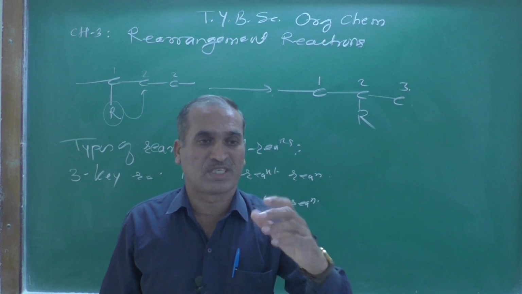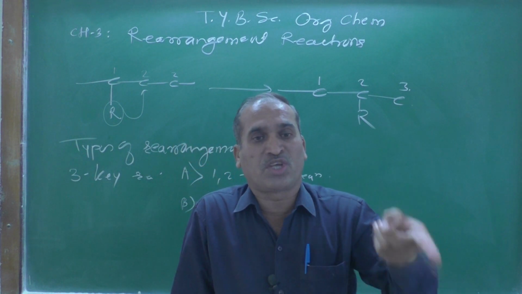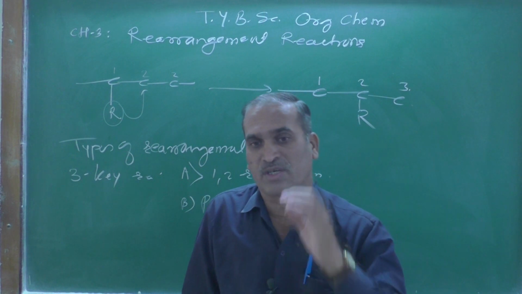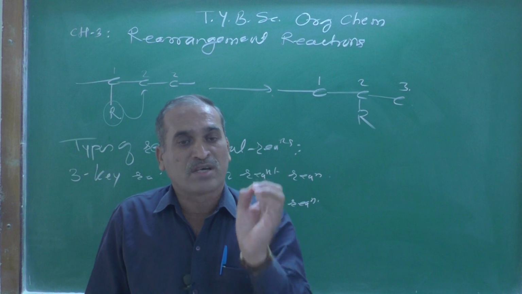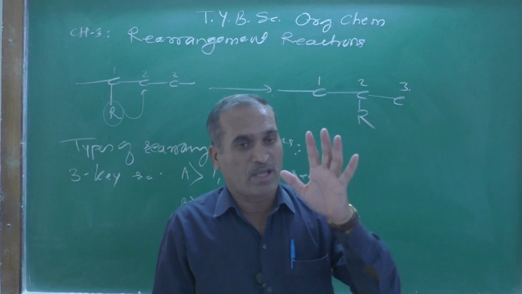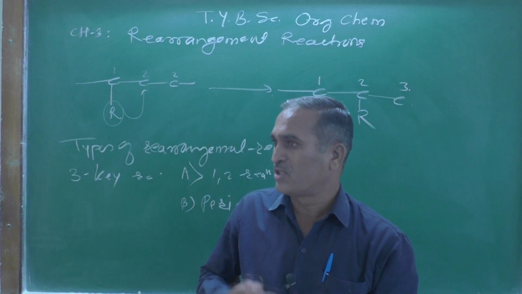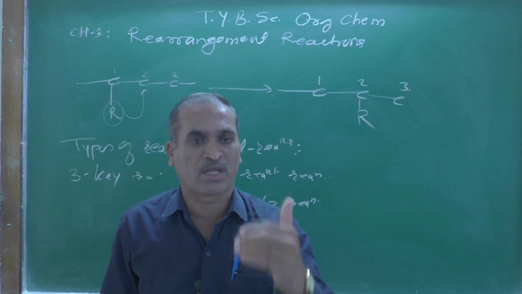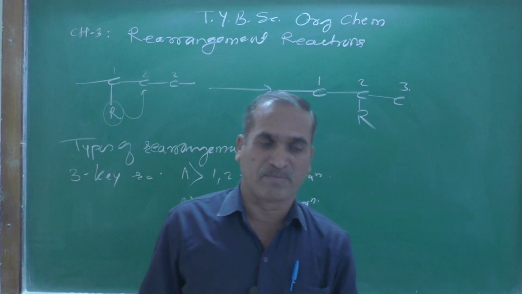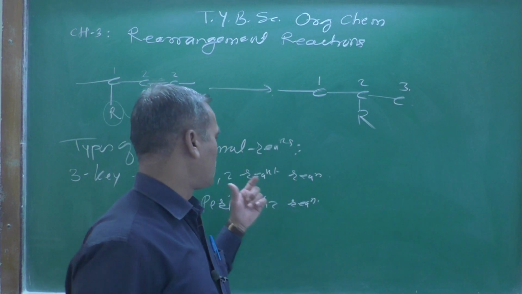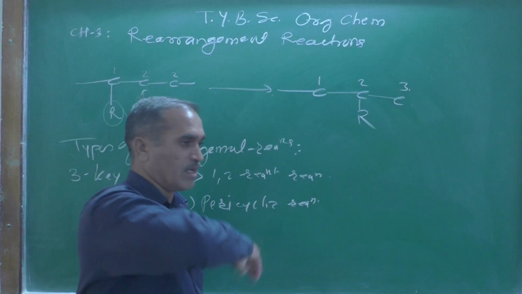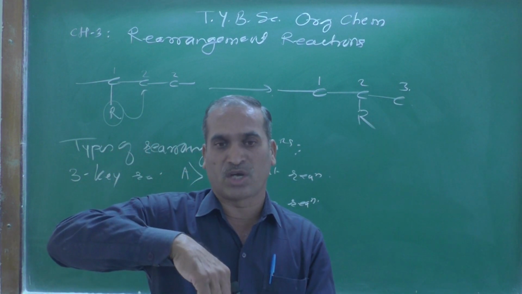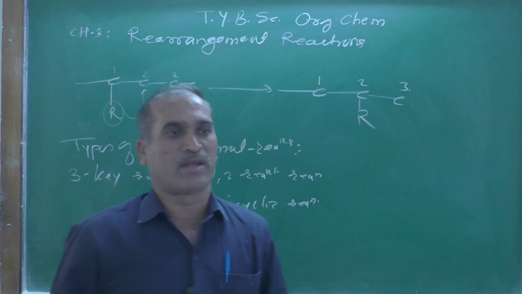These two processes take place simultaneously. Such reactions are known as concerted reactions, and the mechanism of a pericyclic reaction proceeds through a concerted mechanism.